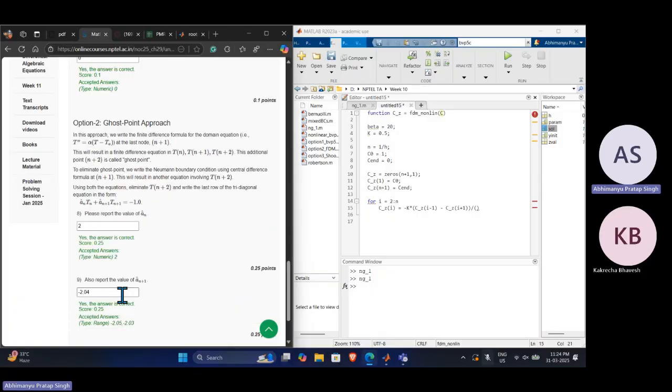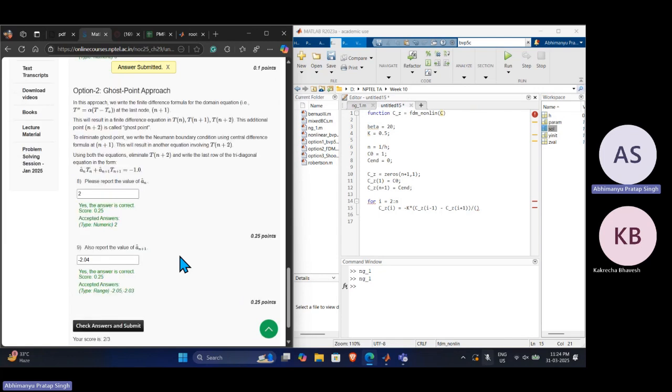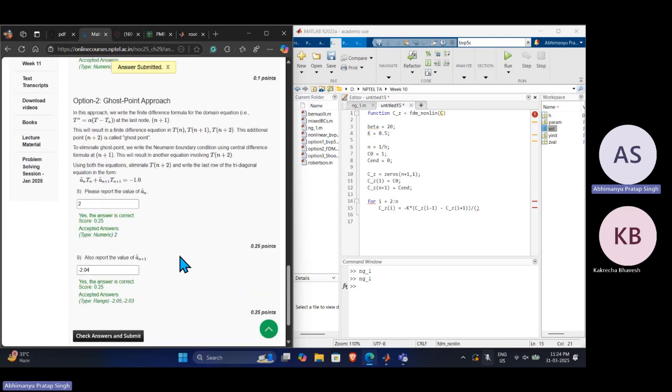I think this should be correct. Is this clear, Bhavesh? Yes, sir. Please show me that notepad one time, sir.